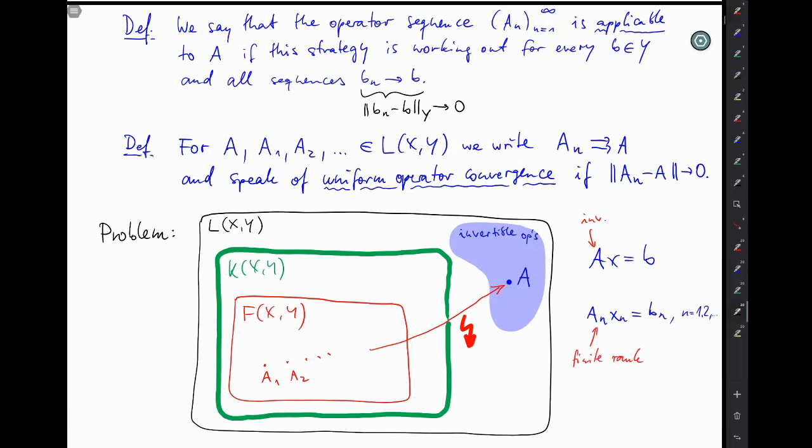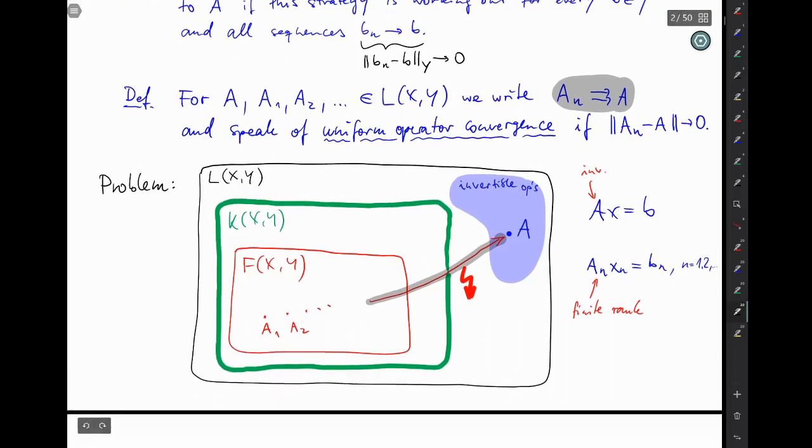So we will soon learn how to make that binding between the sequence An and the limit A, meaning the convergence, weaker, so that it's indeed possible to approximate our invertible operator A by a sequence of finite dimensional or finite rank operators. But as I said, that needs another weaker kind of convergence.